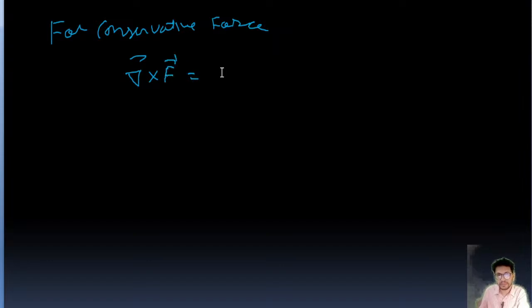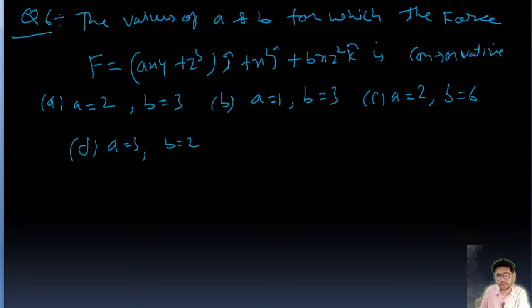Del cross F equal to 0. Okay, so this means curl of F is 0, right?